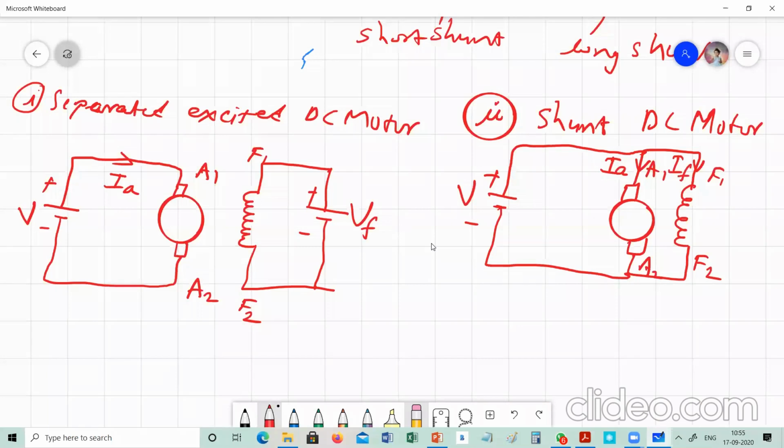So the total supply current I is equal to IA plus IF, and V is equal to VA is equal to VF, because armature winding and field winding are connected in parallel.